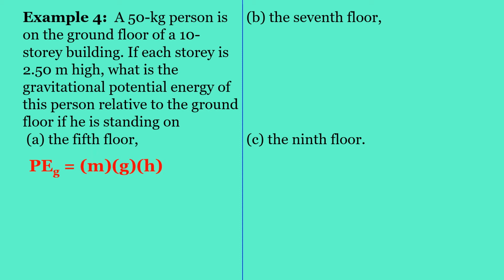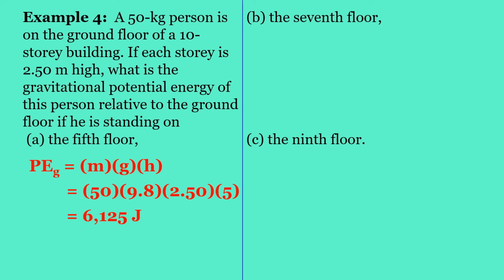From the formula, PEg equals mgh. Since this is the 5th floor, and every story is 2.5 meters high, therefore the height of the 5th floor is 5 times 2.50, and the result is 6,125 joules.